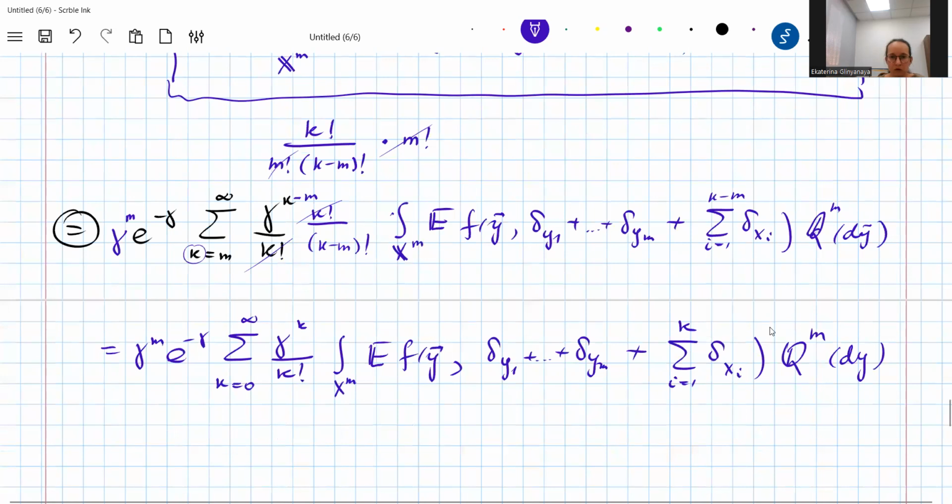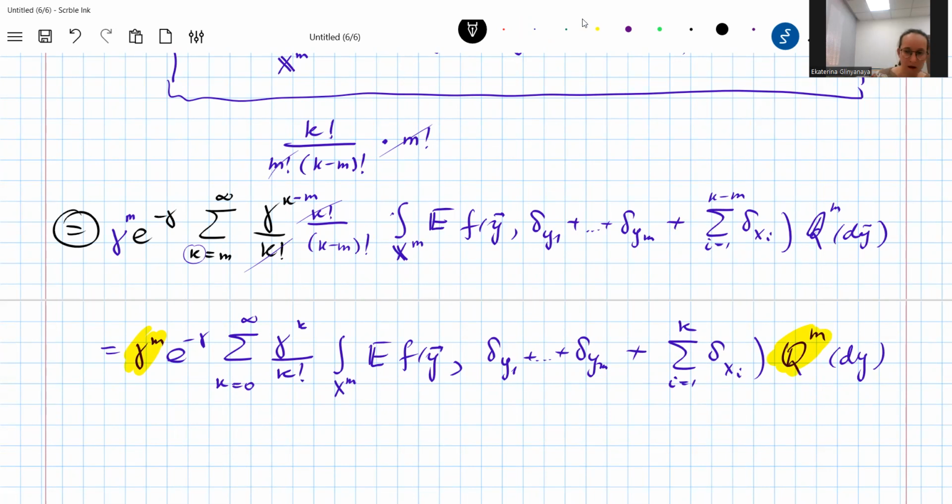So now put them together, this gamma to the power m and q to the power m.